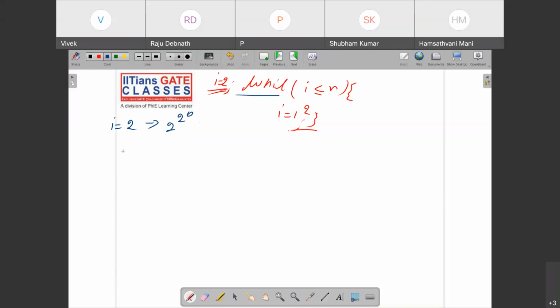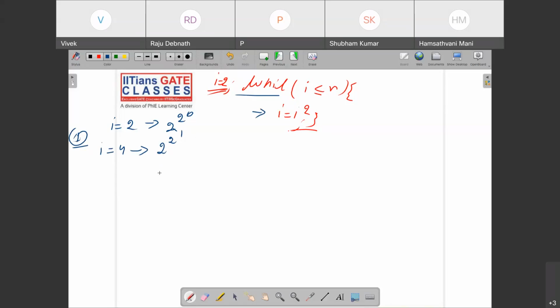Yes, sir. Then we do 2 square, right? 2 square can be written as 2 to the power 2 to the power 1. At step 1, for the first time we are entering the while loop, I will become 4. 4 can be written like this, right? It's okay with you, right?